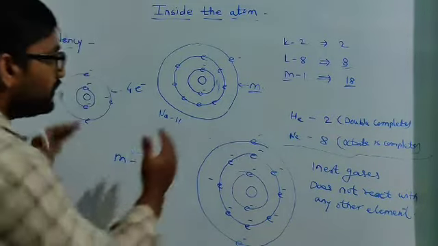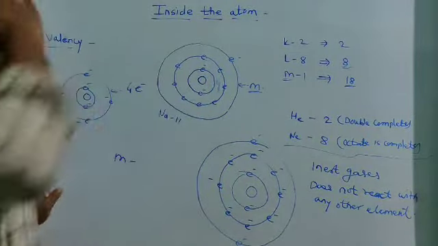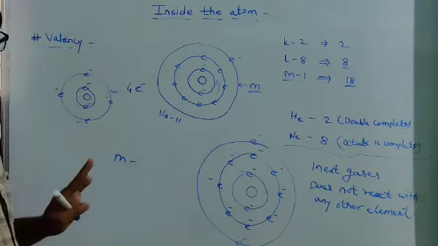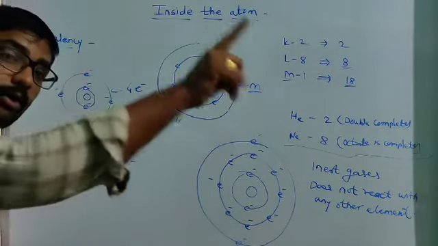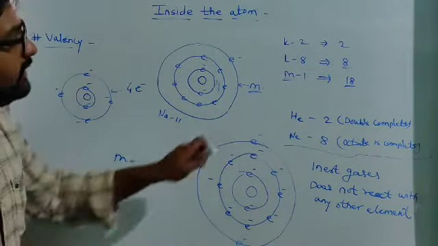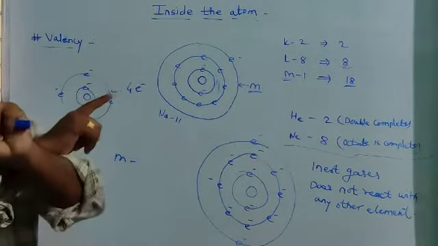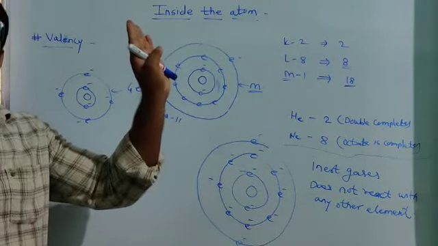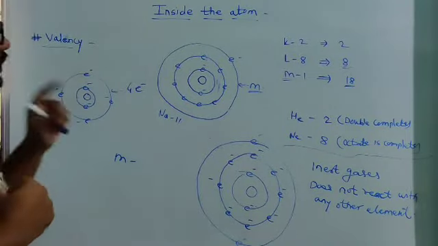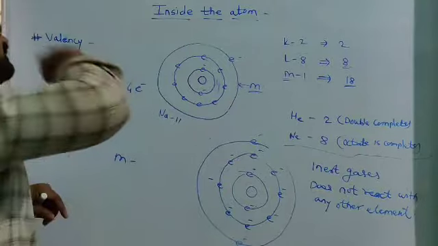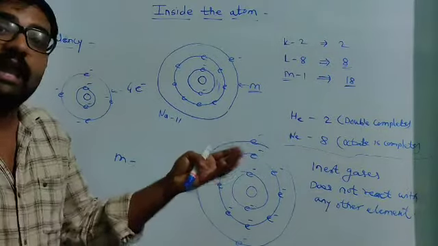So an element that does not have a completely filled outermost shell reacts with other elements. And an element having a completely filled outermost shell does not react with any other element. So the main concept of reaction is only whether the outermost shell is complete or not. According to that we can decide whether an element reacts or not.